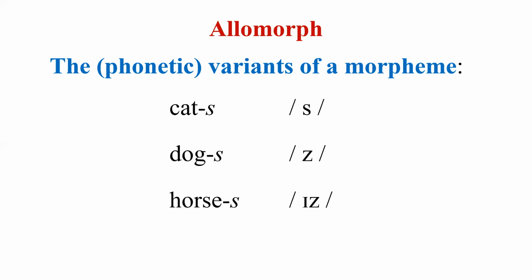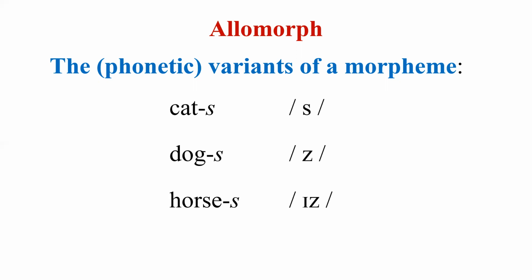Let's look at an example. We have a plural suffix s, but when it goes with the word cat, we say cats, and the plural suffix is pronounced s. Next one, dogs, but here the same plural morpheme is pronounced z.